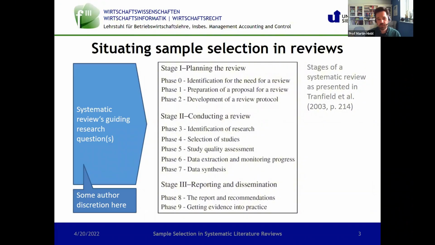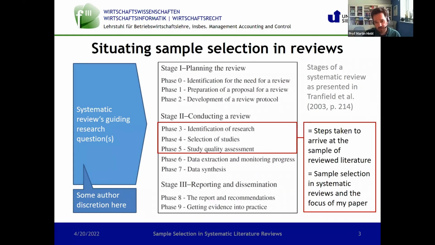Not all papers do this, but it's usually part of a sound systematic review. This is why it's also part of their phases here in their paper. And then afterwards, from phase 6 onwards, you work with your review sample. But I'll stop with my paper after phase 5. So this is very much the focus of my paper here.